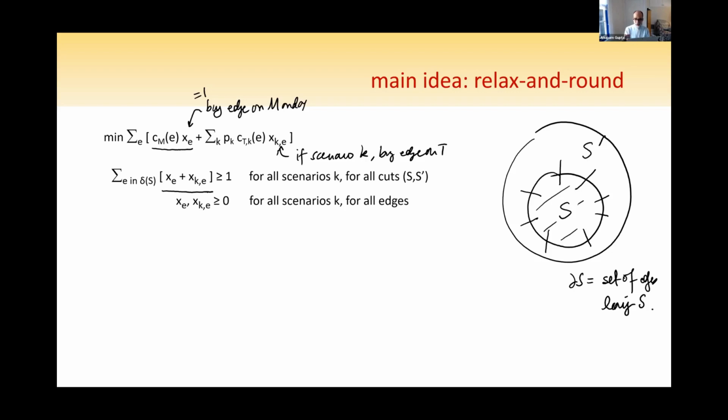This must be true for every set S because the graph is connected. If the graph is connected, there cannot be a set which is not connected to its complement. So look at every set which is non-empty, whose complement is not empty. This is a cut in the graph. And look at a scenario: in that scenario, this cut must be crossed. Really, you can think of this as a hitting set problem again, where you are hitting all cuts.